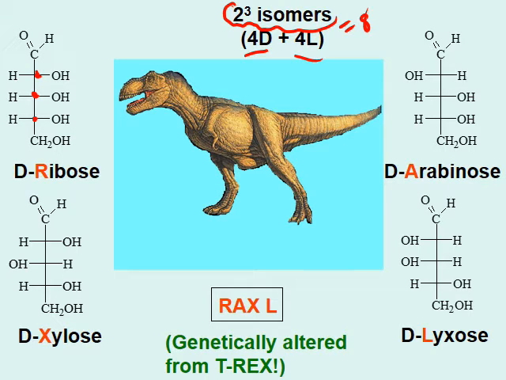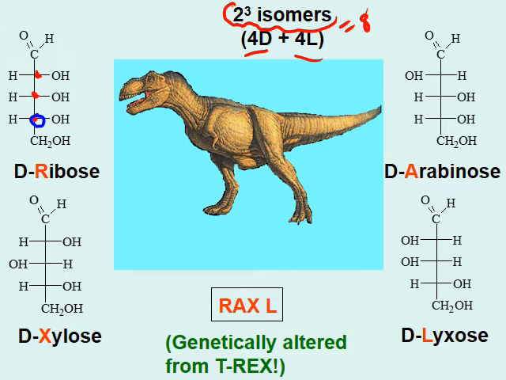Look at the chirality center next to the CH2OH group. This is the one. Focus on that carbon and the OH. If OH is on the right, then it is D. If it's on the left, it is L. So basically, you first get the D and then take the mirror image. That would become L of that particular compound.